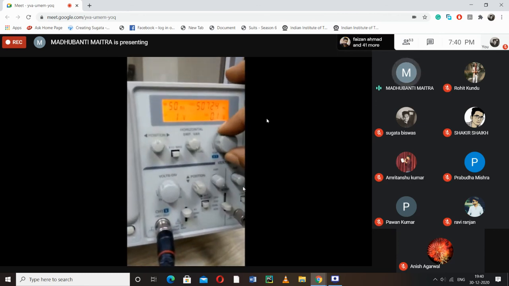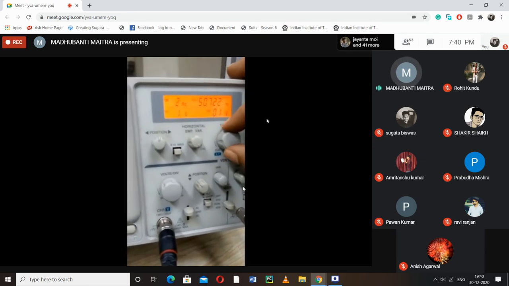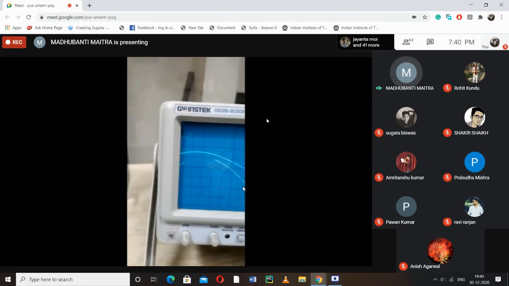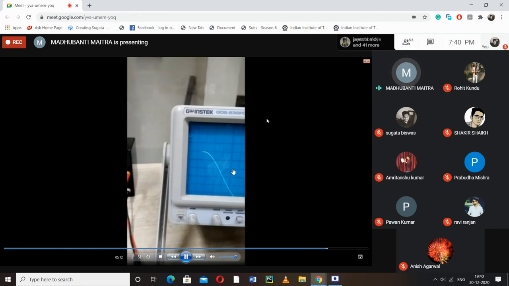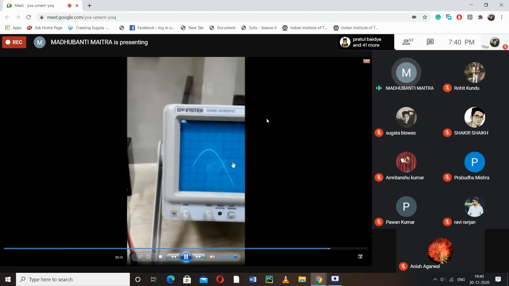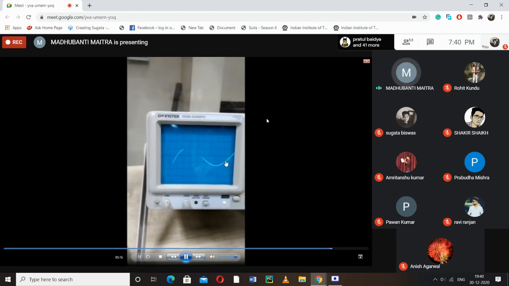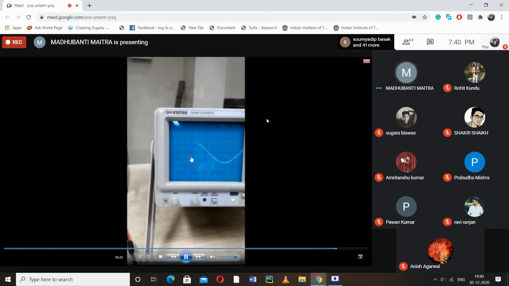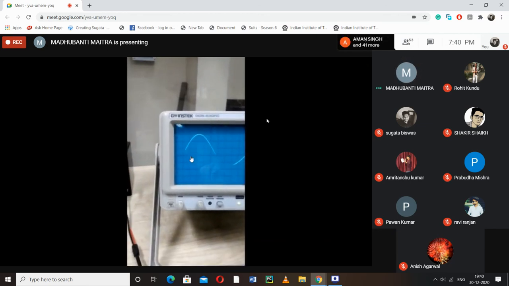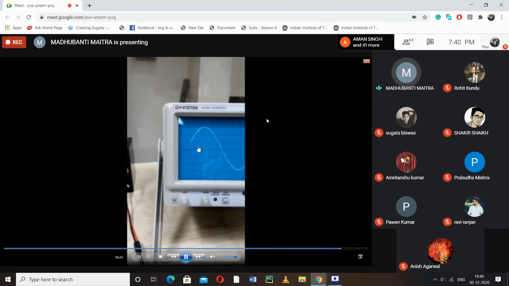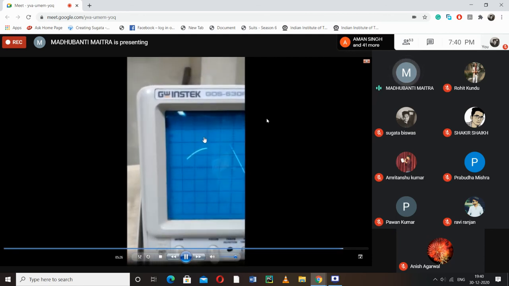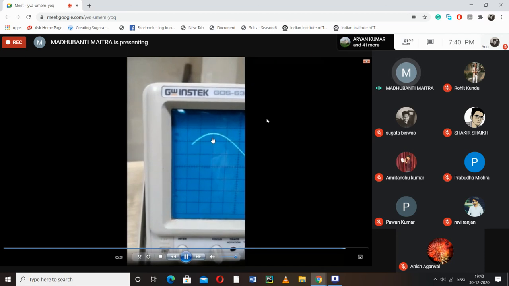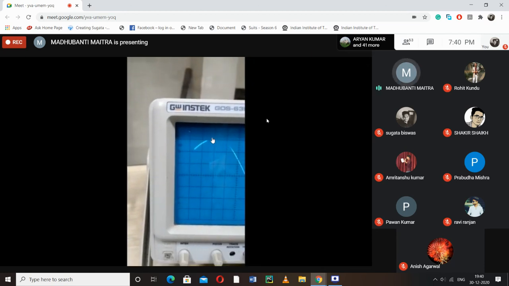We are changing the horizontal scale. So we have changed the mode from XY mode to normal mode. Hence, now we can see the 2 sinusoidal signals on the screen of the oscilloscope. So we are trying to find out whether the output is leading the input or lagging it.